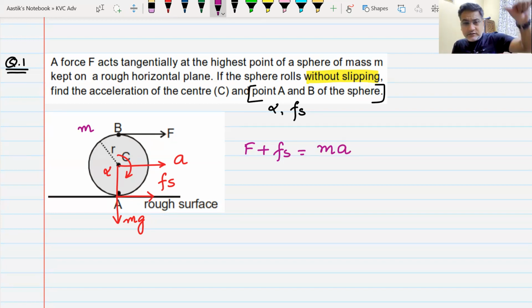Then the torque equation. Capital F is like this, it will try to rotate it this way. Static friction is like this, it will try to rotate it this way. What is the torque about the center of mass? One torque is like here, one torque is like this. So what is the net torque?